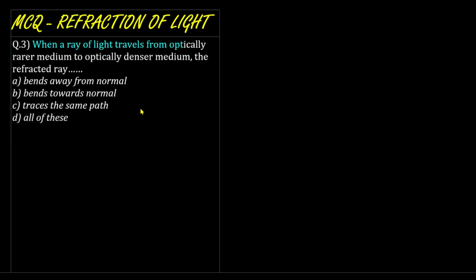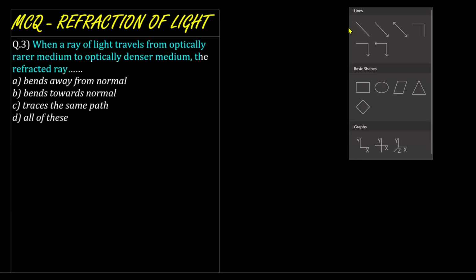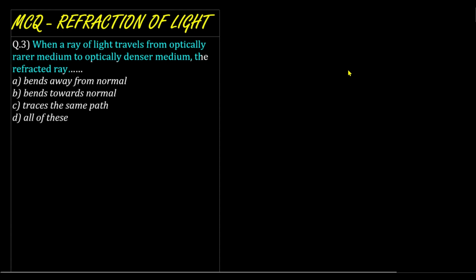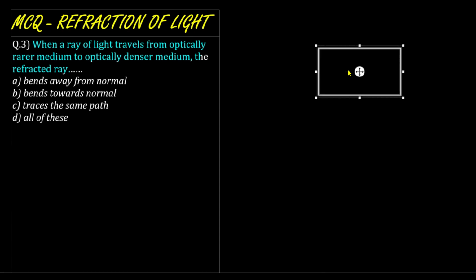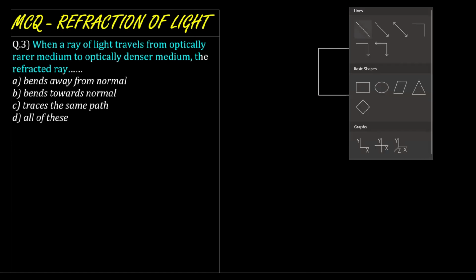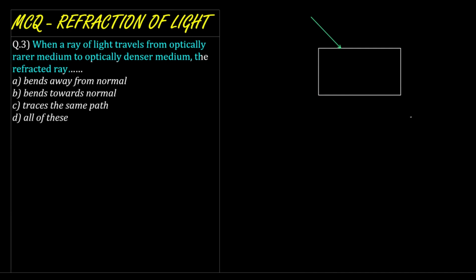The next question says when a ray of light travels from optically rarer medium to optically denser medium, the ray refracted. So, like the previous case, for example, I'm taking a glass slab, and let's say this is the incident ray here.